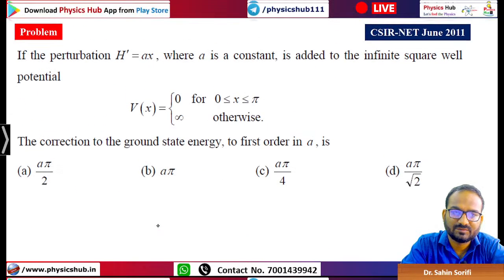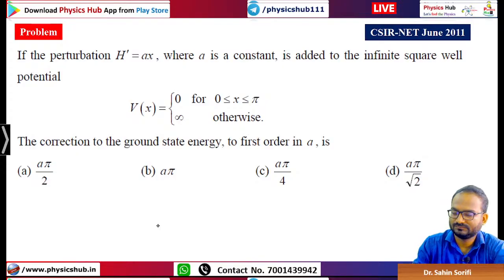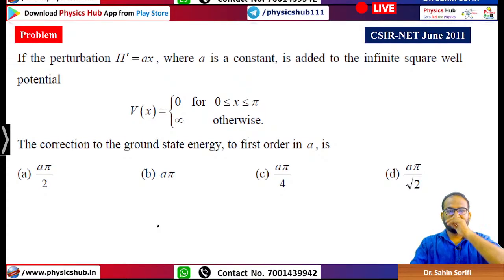Okay, let's solve this problem. If the perturbation H prime equals Ax, where A is a constant, is added to the infinite square well potential, the correction to the ground state energy to first order in A is.